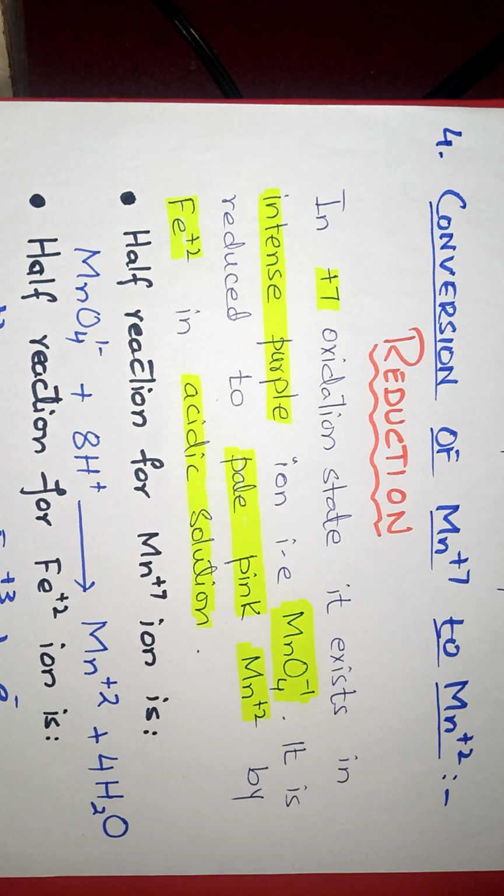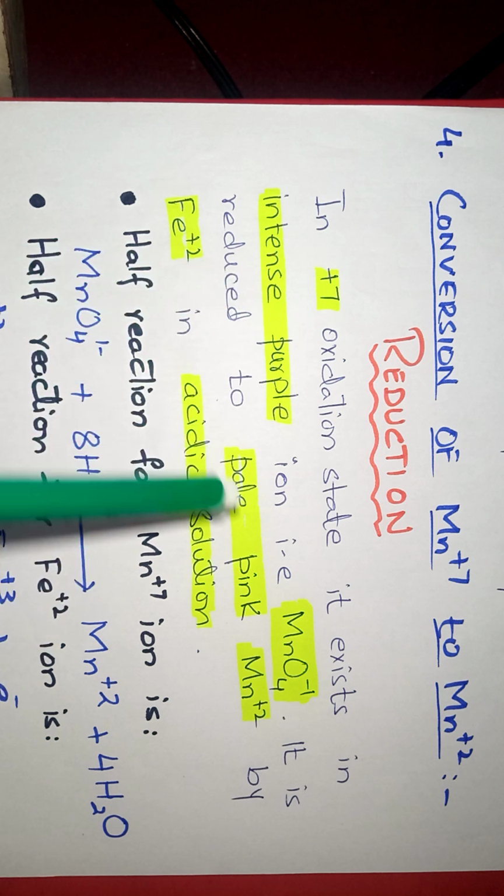Reduction is the gain of hydrogen, gain of electrons, loss of oxygen, or the reduction in oxidation states. So let's see how manganese is reducing from +7 oxidation state to +2 oxidation state.